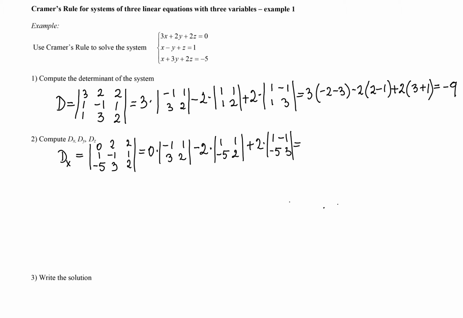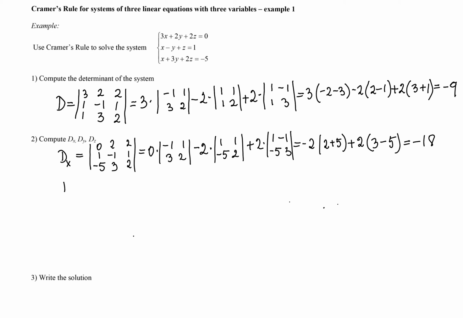And we'll compute that value. The first term is 0, then we'll have -2, and the second determinant is 2 + 5. Then we'll have plus 2, and the third determinant is going to be 3 - 5, and that value is -18.